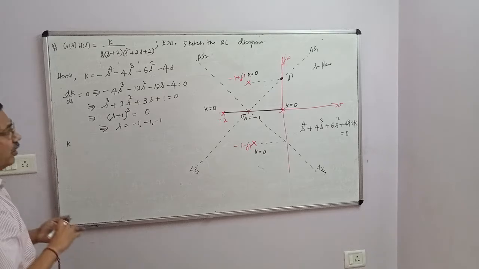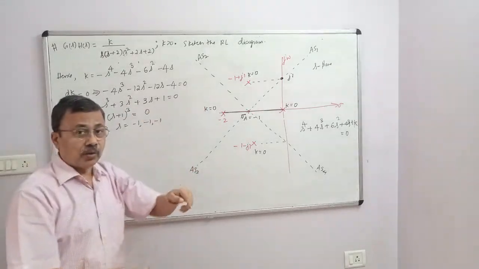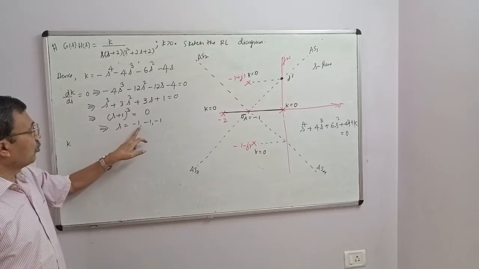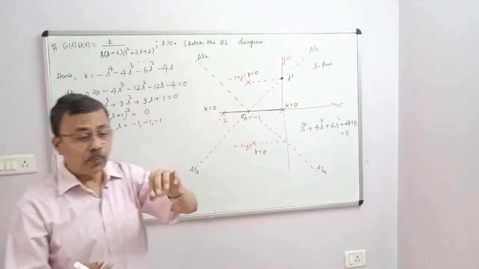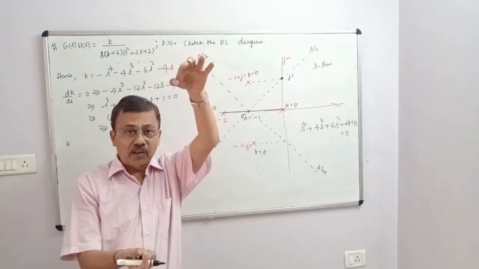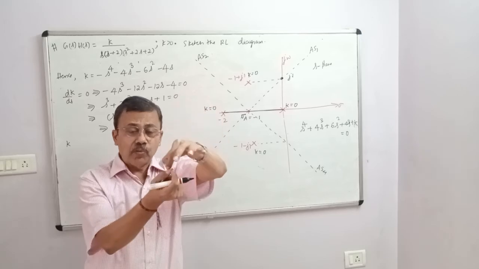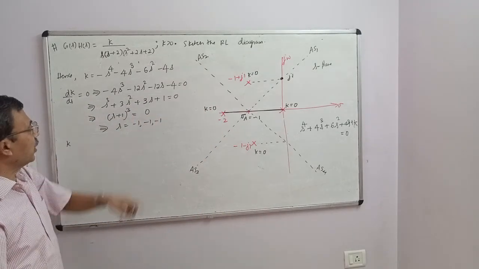So what has happened here is the two complex breakaway points have merged to give you s equal to minus 1 minus 1 minus 1. In the previous problem we had one real breakaway point and two complex breakaway points. Now the complex breakaway points have merged with the real breakaway point to give the roots minus 1, minus 1, minus 1.